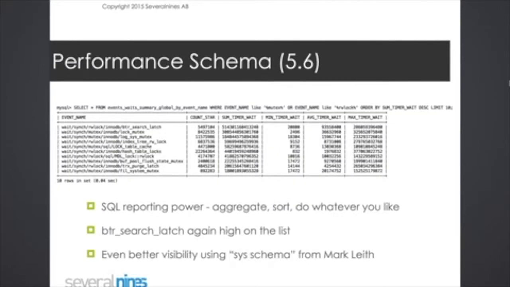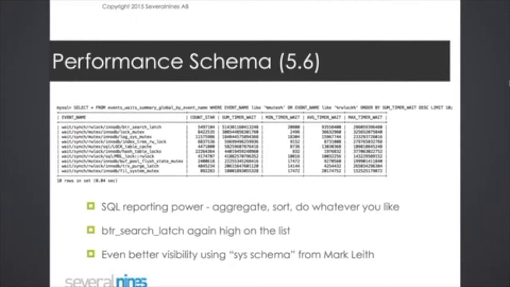In performance schema, and I'm talking about the 5.6 performance schema, you can get similar data by running this nice query. But in general, performance schema gives you a really nice overview of the system status. You have SQL to do some magic like aggregates or anything else you may want.